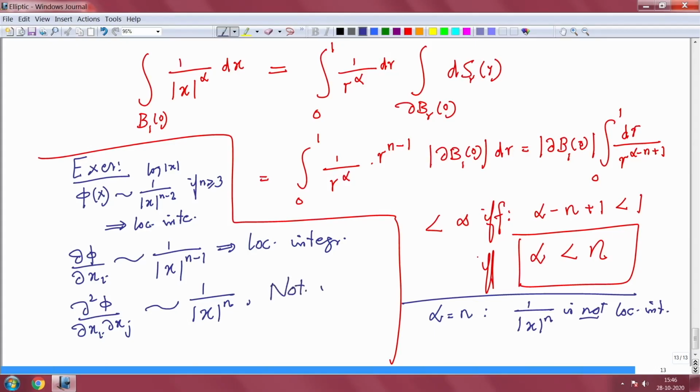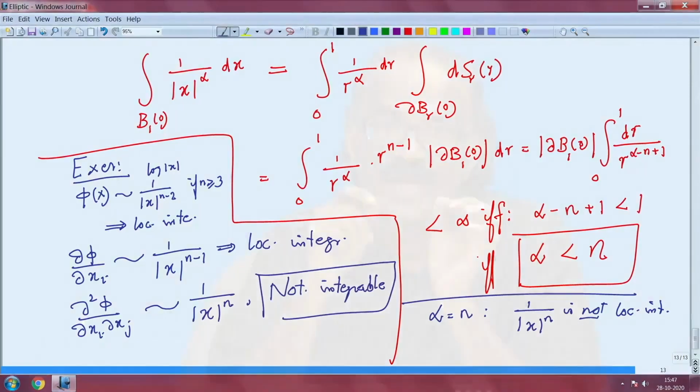So, you cannot do what we were doing there. This is the difficulty, you will see the effect of. You are just missing the local integrability. If it were something like 1 by mod x to the power n minus epsilon, then it will be locally integrable. So, with the Laplacian, when you take a second derivative, you miss by any small number.